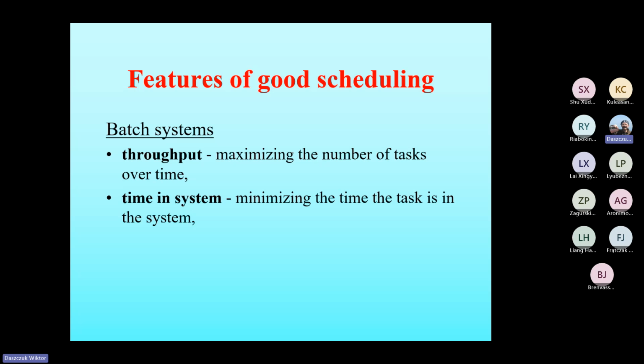And time in system, the time from getting the job by the operators of the computer to providing the results to the user. We can act to minimize this time in a batch system.